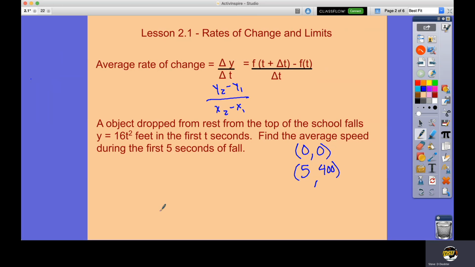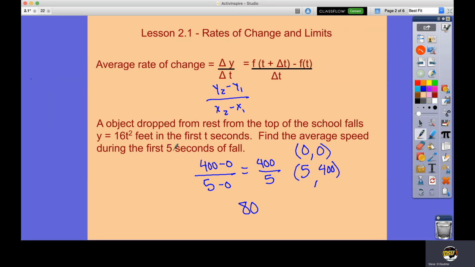All right. So then from here, we just do the slope of those 2 points. So 400 minus 0 over 5 minus 0, whatever 400 divided by 5 is, which is 80. And average speed, what would I put for my label then?